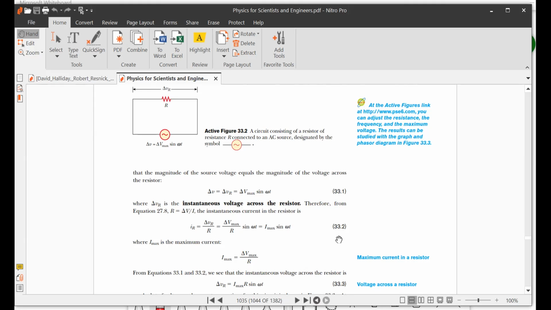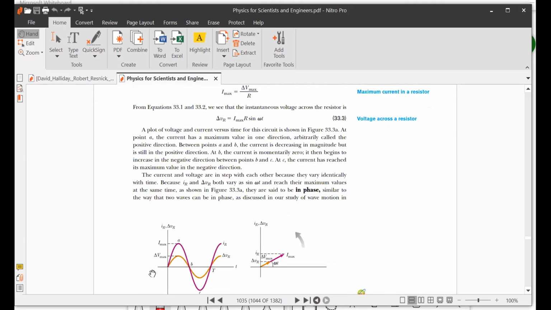If we compare this, equation 32.2, the current flowing through this resistor and the source voltage, this delta Vmax sin omega t, they have the same phase, okay?